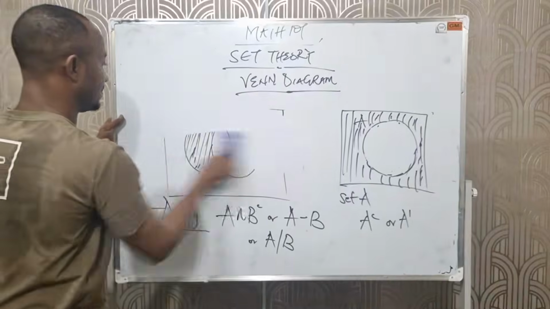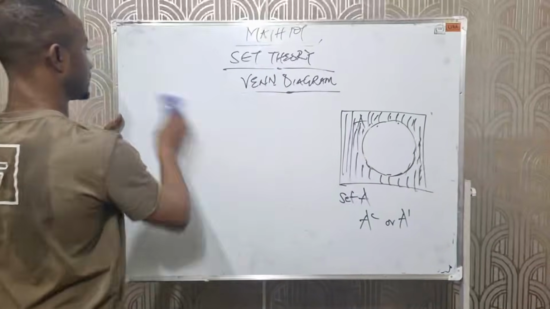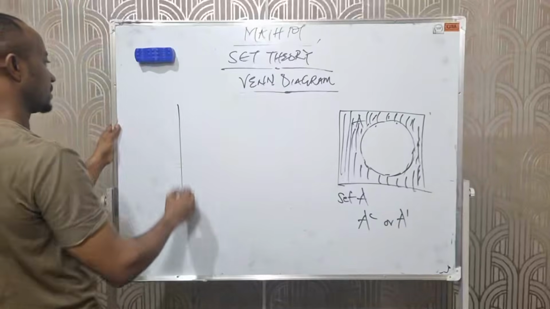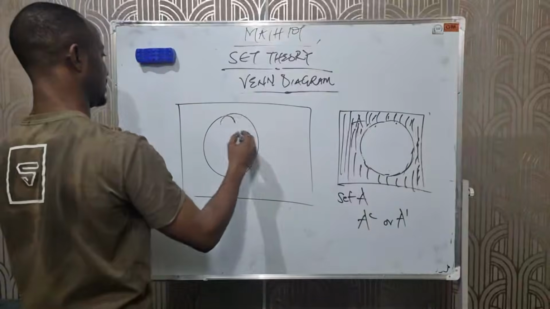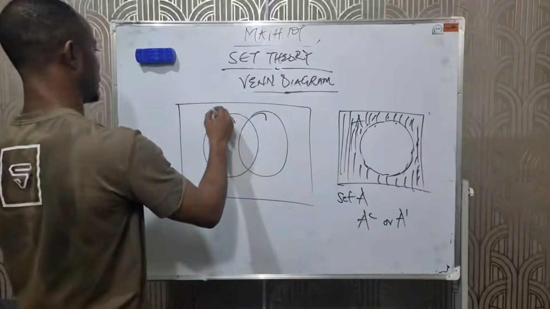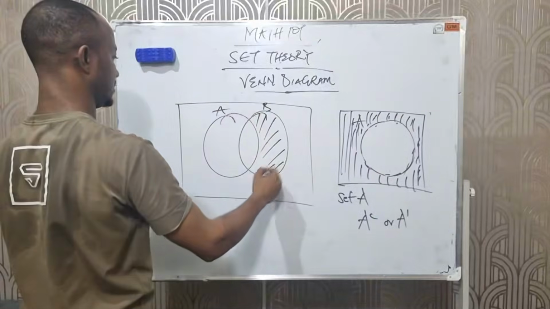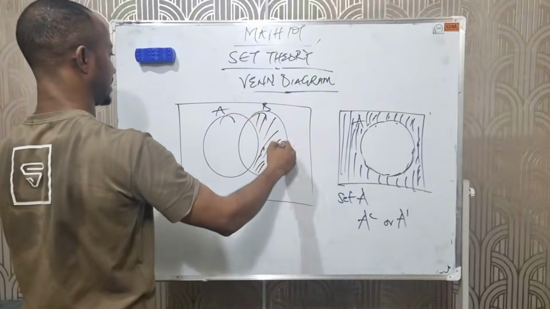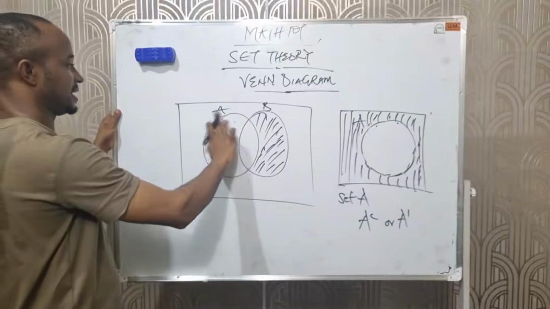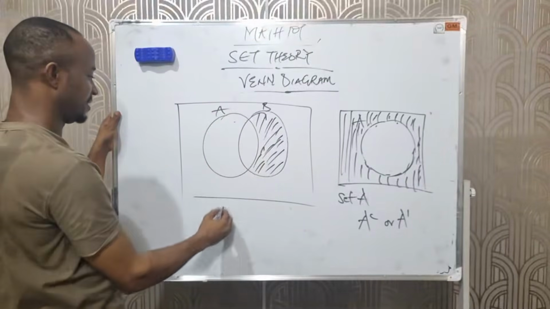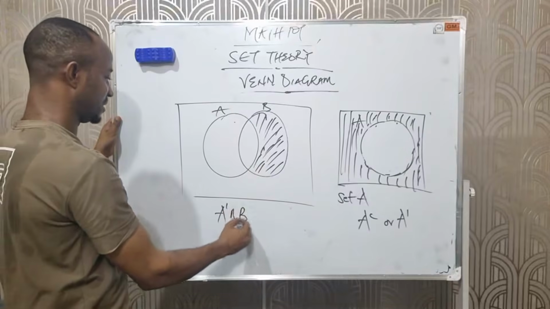What if we have a diagram like this? Something of this nature. Let's say here is A and here is B, and the shaded part is just this part here. How do we interpret this diagram? You notice that only set A is empty. So this simply means A complement or A prime intersection B, right?